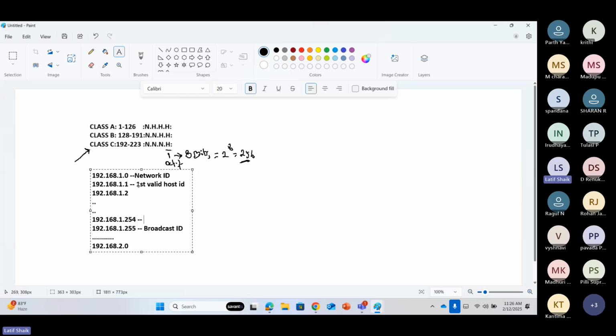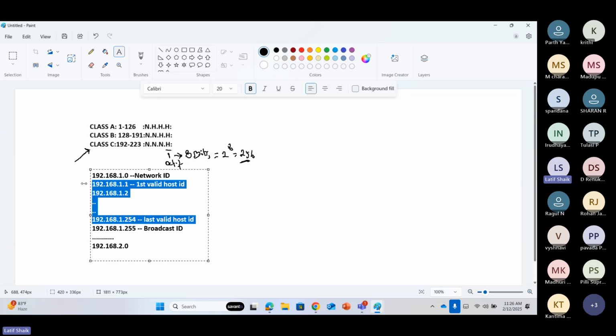So before broadcast ID, I said the last valid host ID, which is here. In your network, we can assign IP addresses from this range only.